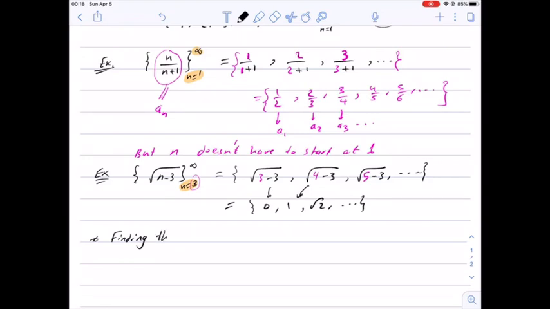Now how do we find the nth term of a sequence?